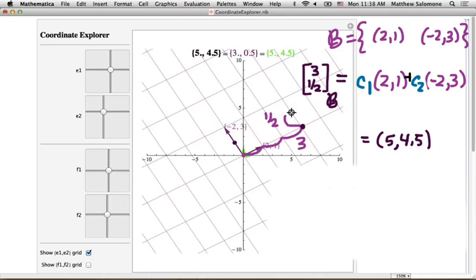That vector equation would have as its first column the first basis vector, 2, 1. Its second column would be the second basis vector, negative 2, 3. And the right-hand side would be 5 comma 4.5. And so to discover those coordinates, we would just have to solve this augmented system.